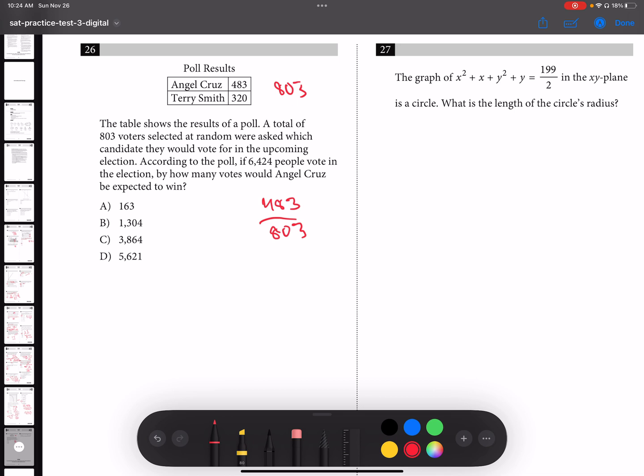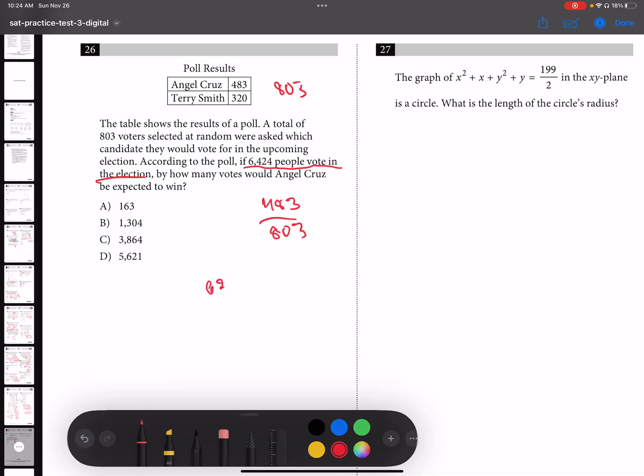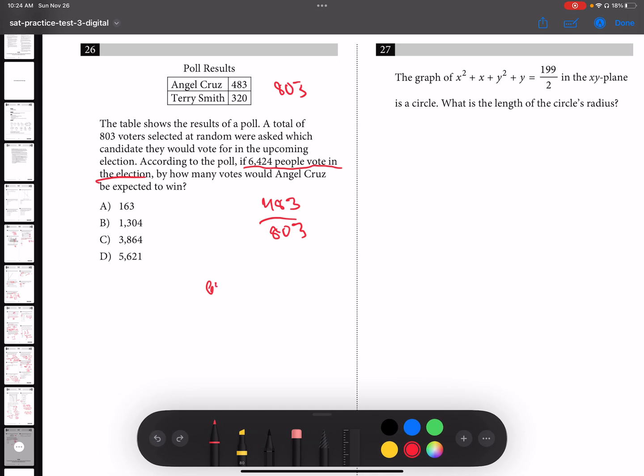Then we know that 6,424 people voted in the election. Now we follow that proportion: 6,424 times 483 over 803 is going to get 3,864. You can use a calculator for that.